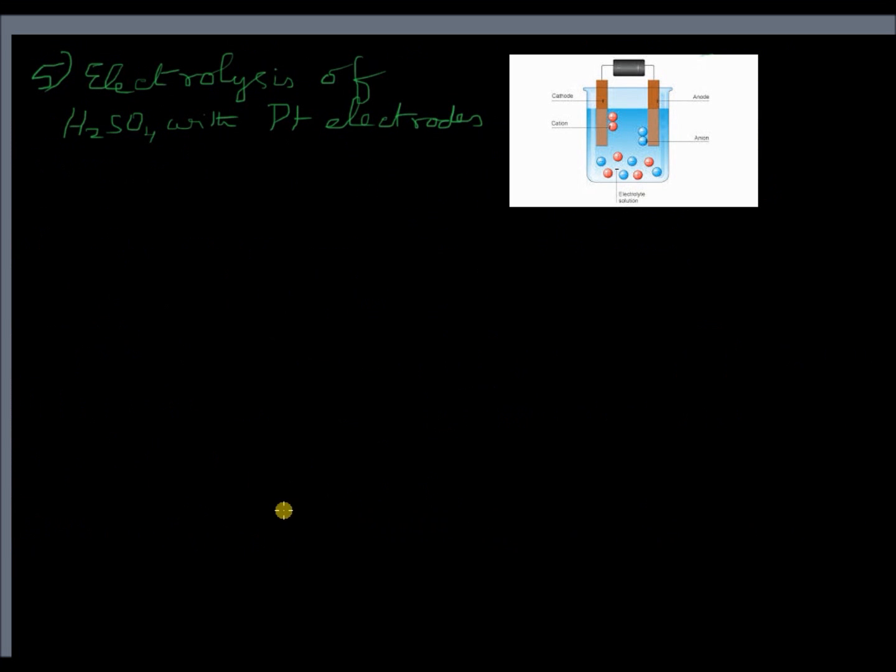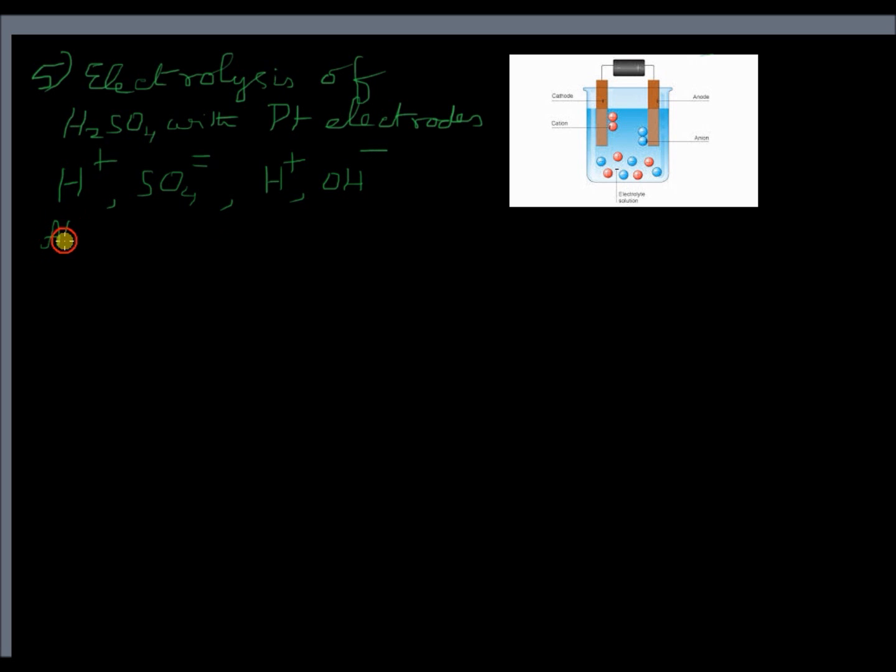Next thing to be considered is electrolysis of sulfuric acid with platinum electrodes. Here there are two cases: dilute sulfuric acid and concentrated sulfuric acid. The ions present are H plus and sulfate ions, and H plus and OH minus ions from water.